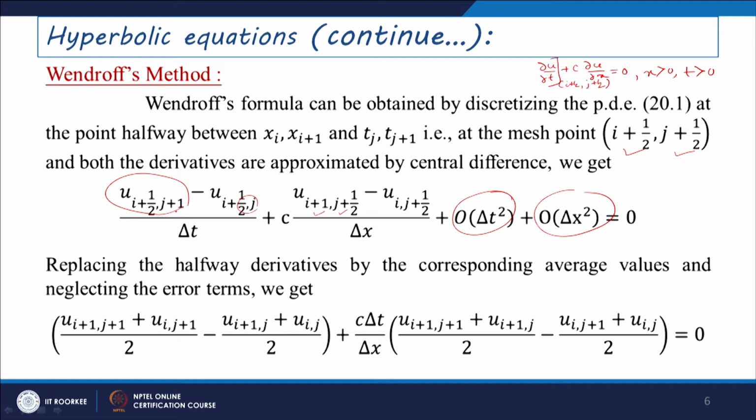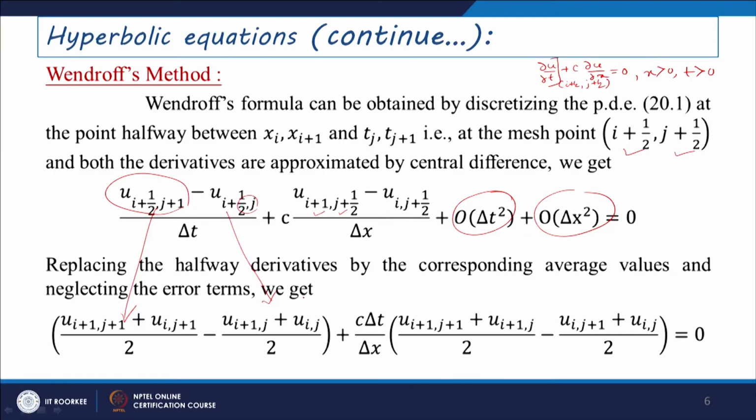So, this point is replaced as u i plus 1, j plus 1 plus u i, j plus 1, by 2. And at i plus half, which is also an unknown point and is not exactly placed at a grid point, to correspond to the grid point we can consider this as u i plus 1, j plus u i, j, by 2.